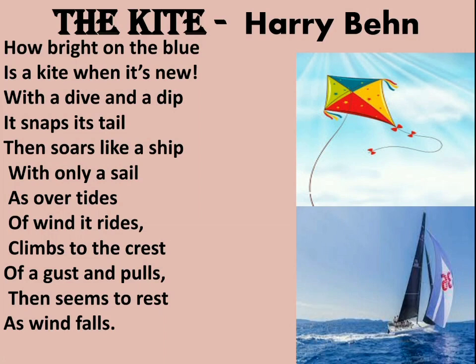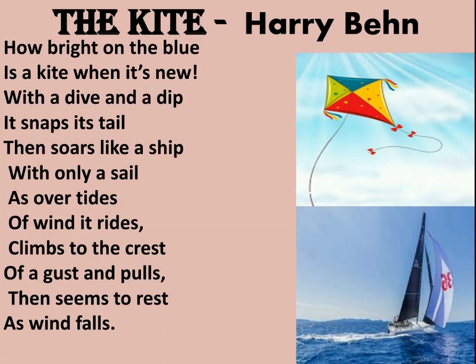And as a ship moves forward with a sail over tides, so tides is the high wave, so you can see the ship, it moves on the high waves. So as a ship moves forward with a sail over the tides, similarly the kite moves on the tides of air.